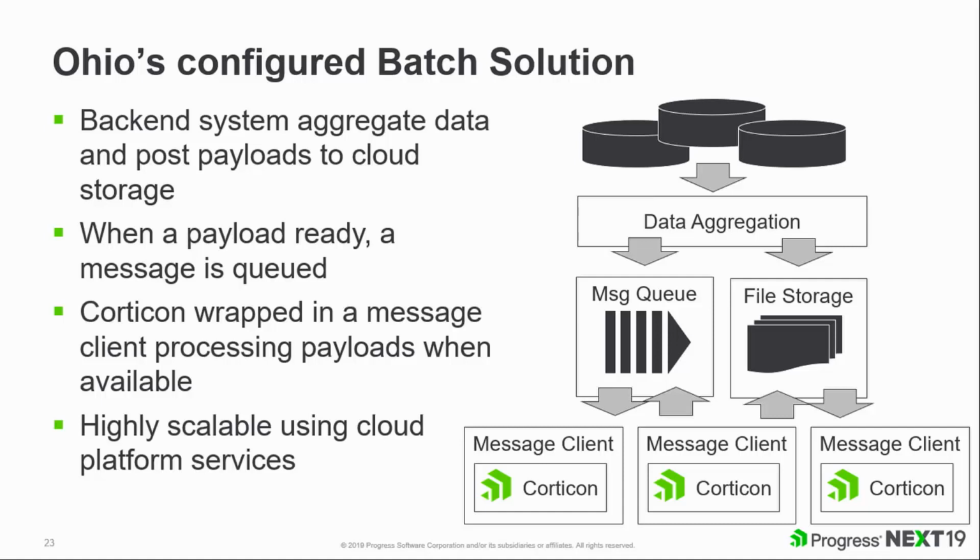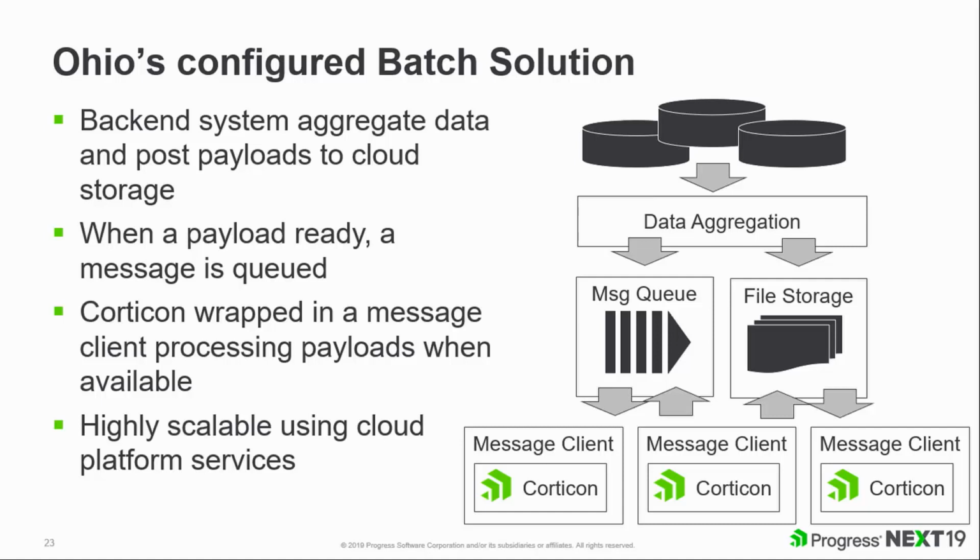All of those services have great layers to do scaling, scale things up and scale things down. So they can take advantage of the cloud hosting services that can monitor the queue to see that, oh, there's an increase in volume, so I'm going to bring up another instance of Corticon. Or no, volume's gone down, scale it back down. And so they have, again, a highly elastic system here.